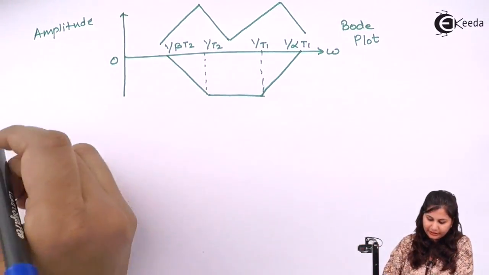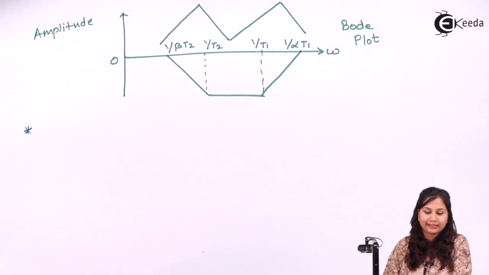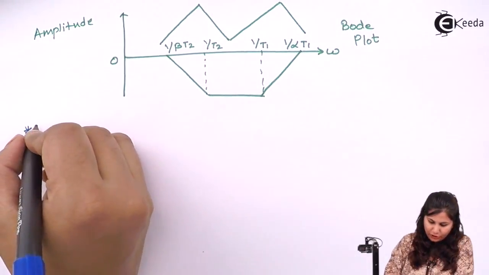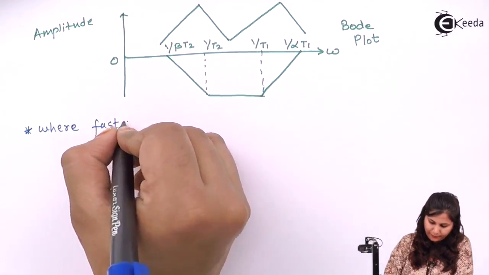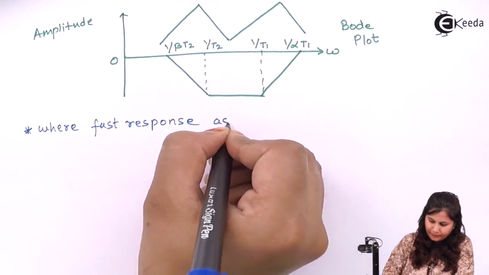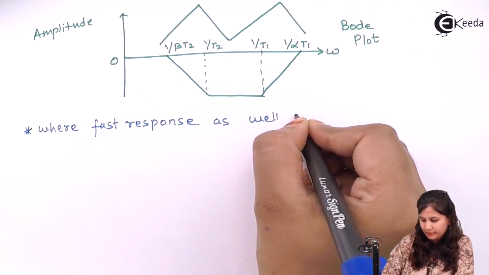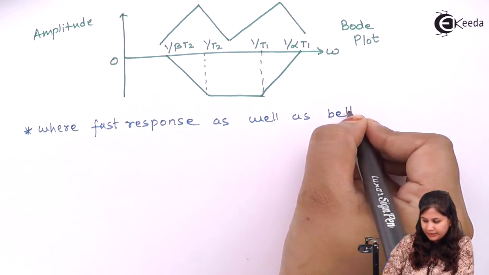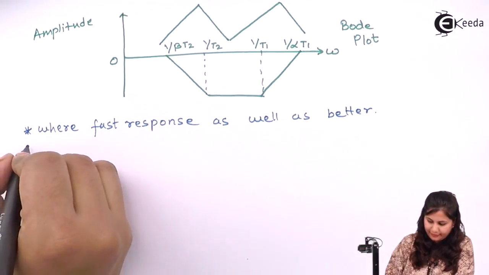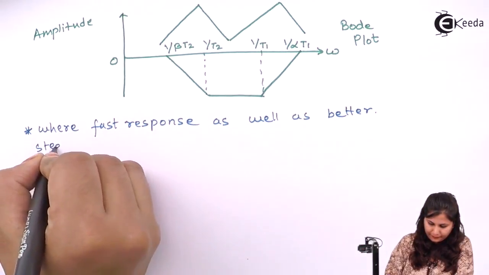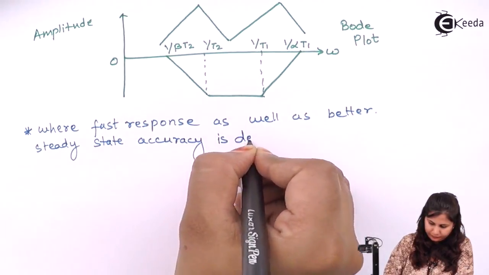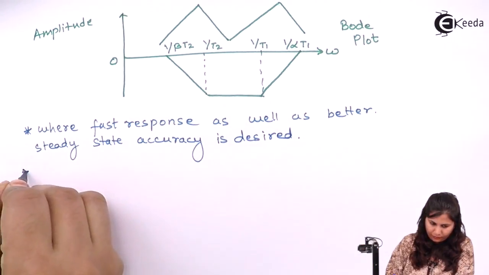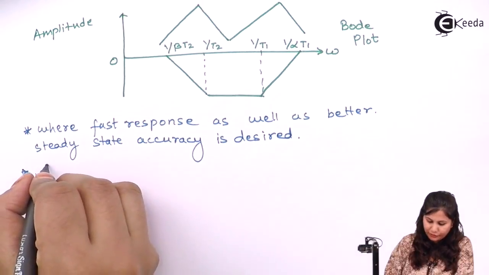And we can write the characteristics of this phase lag lead network: it is used where fast response as well as better steady state accuracy is desired. Also, settling time is reduced.